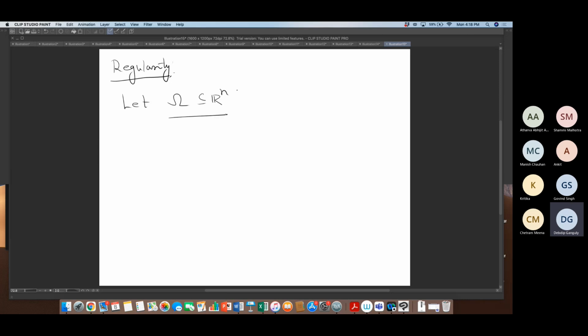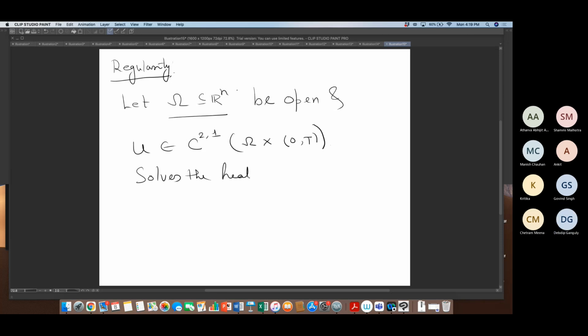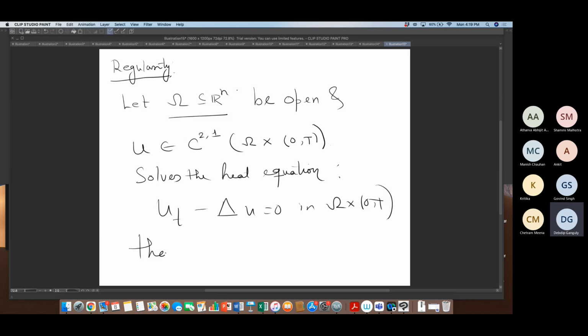Let omega be any open subset of Rn, and u is C^{2,1} in omega cross (0,T) and solves the heat equation ut minus Laplacian of u equal to 0 in omega cross (0,T).